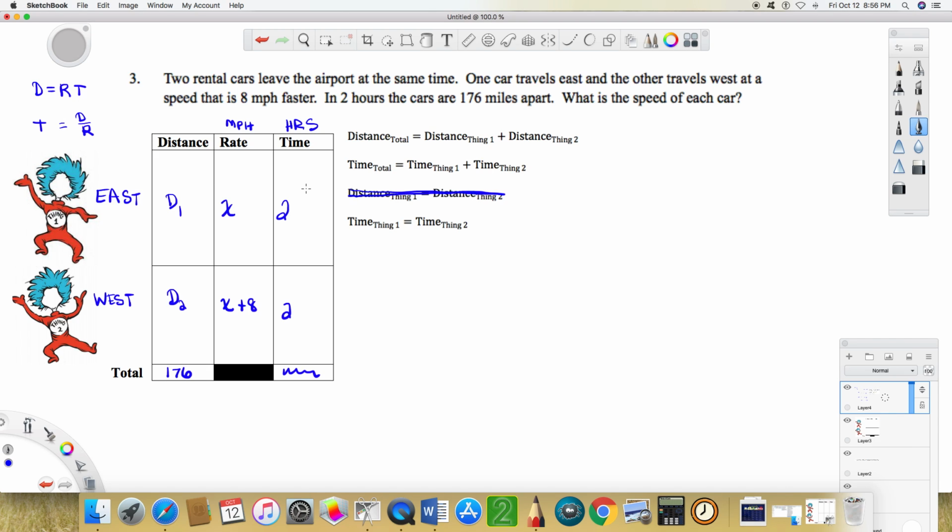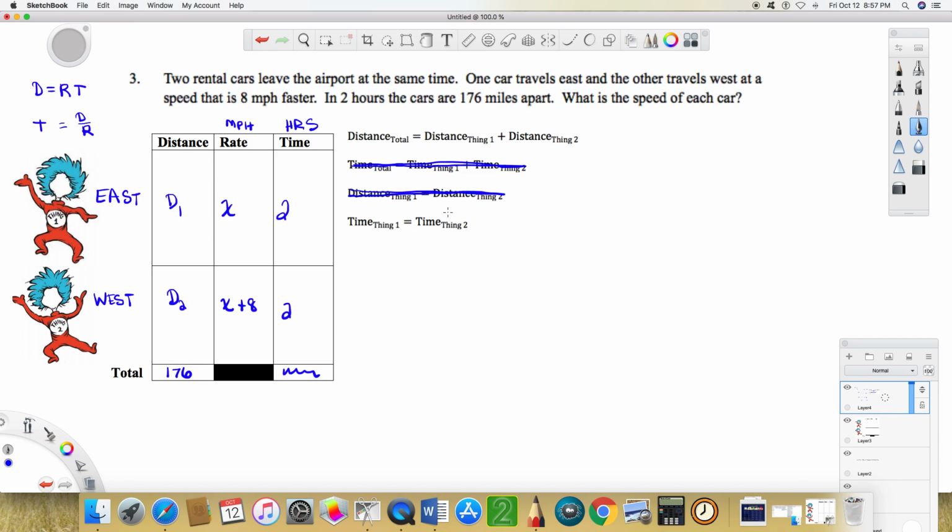And we've said that it really doesn't make sense to look at the total time, so I don't believe there. So they have each traveled for the same length of time, and we were given the total distance. So it's one of those two that is worth exploring.